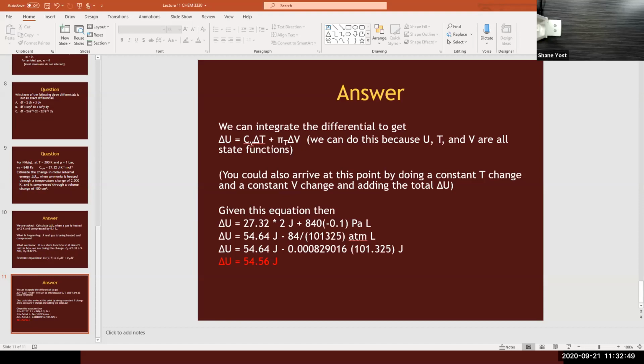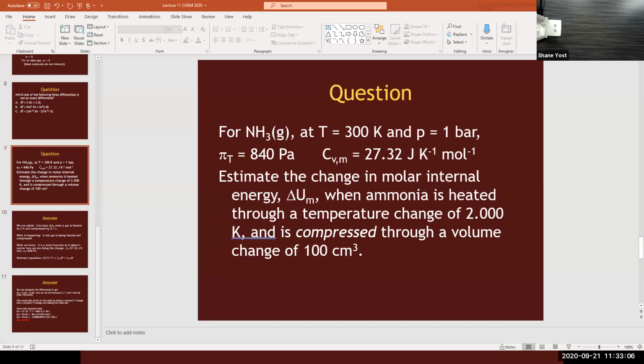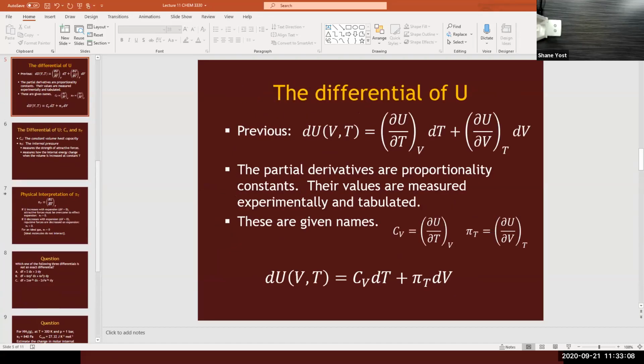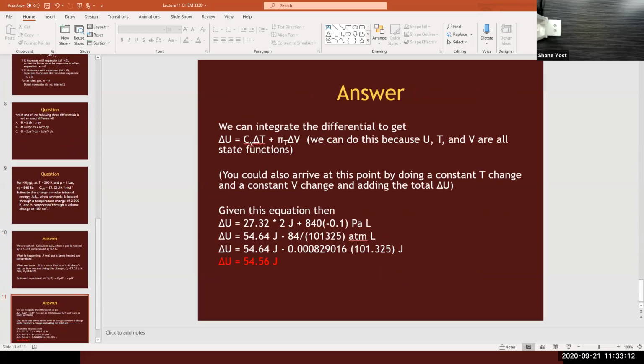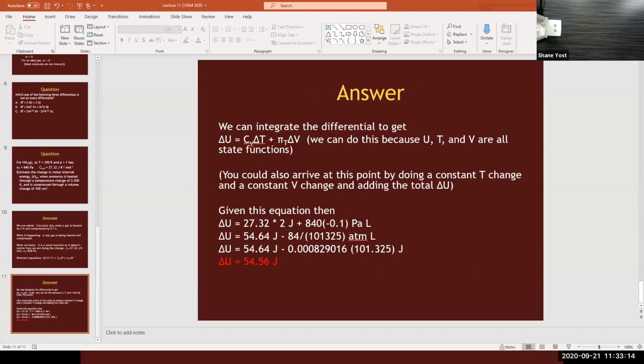It's asking for the molar volume change. I mean, just CV. I think in the previous slides I had CV dT, and you just use CV dT.